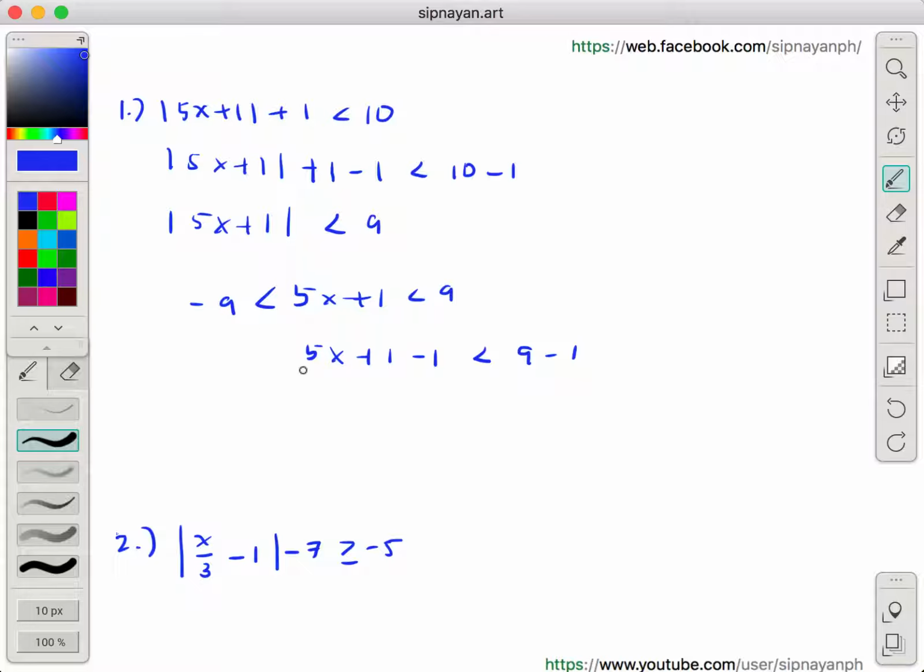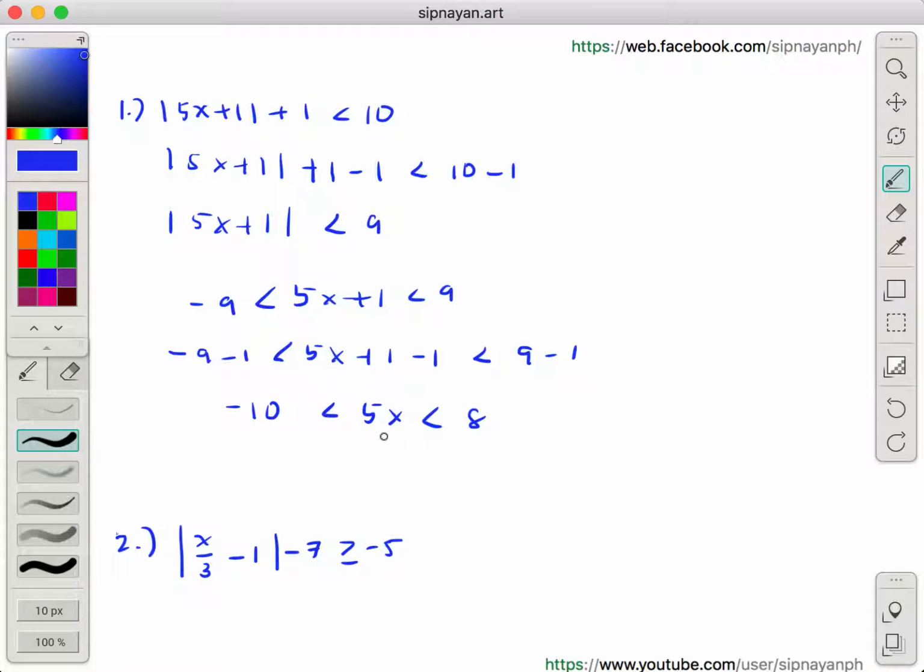Negative 9 minus 1 is negative 10. In the middle, 1 minus 1 is 0, so it becomes 5x. And 9 minus 1 is 8.